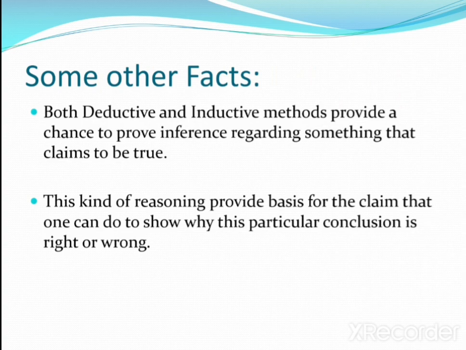Their impact will also be there on the solution, and this kind of reasoning provides a basis for the claim, to show why a particular conclusion is right or wrong. It means that whichever method we apply, there must be some rules that we apply on the problem, and the rules can be claimed right or wrong after seeing the conclusion.